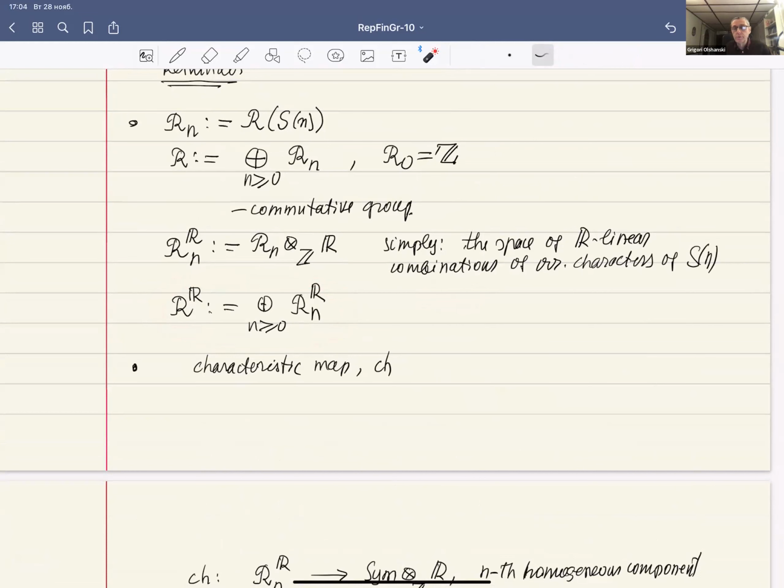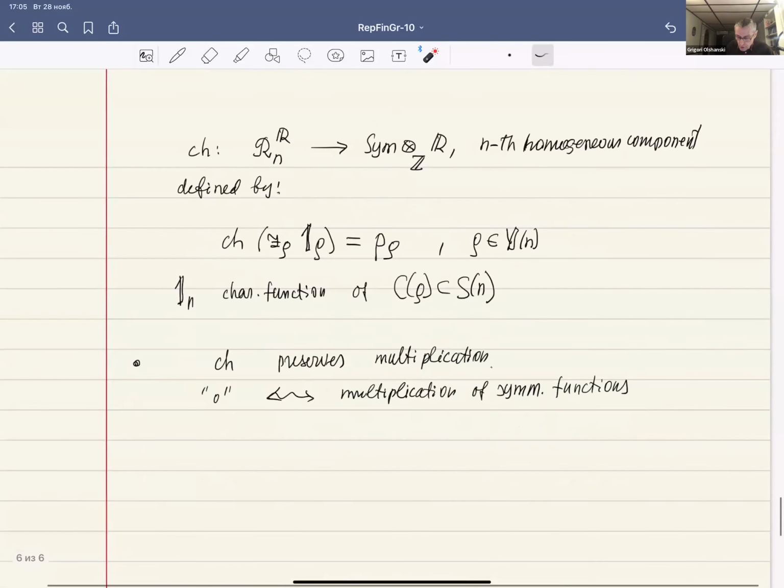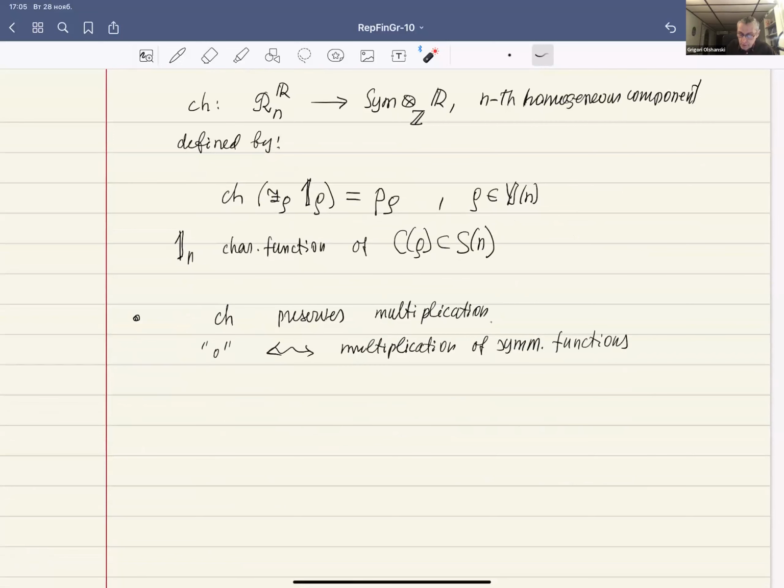It is isomorphic in a very concrete way to the algebra of symmetric functions. So we know this, and the correspondence is, by definition, given by this relation. This class function, the simplest central function, corresponds to the power sum symmetric function.